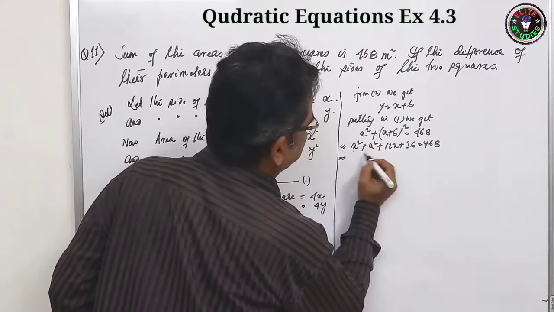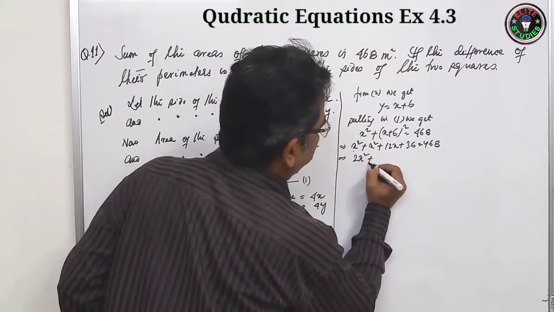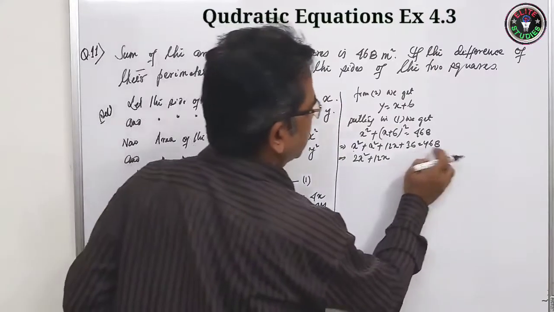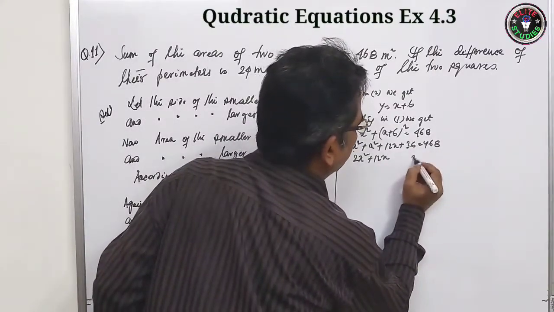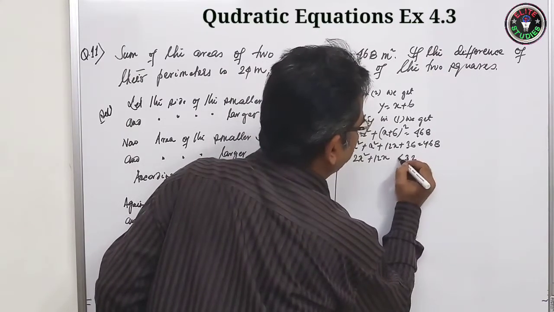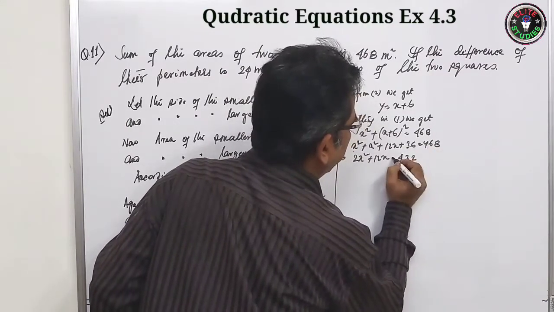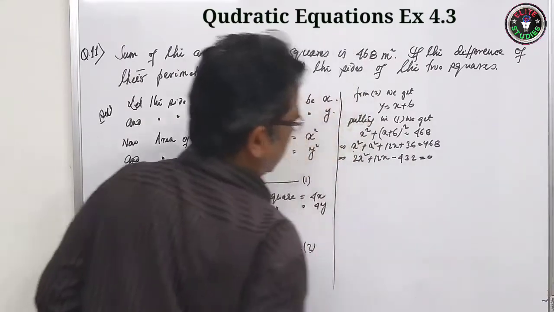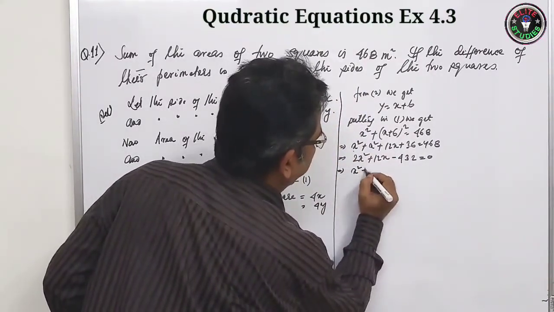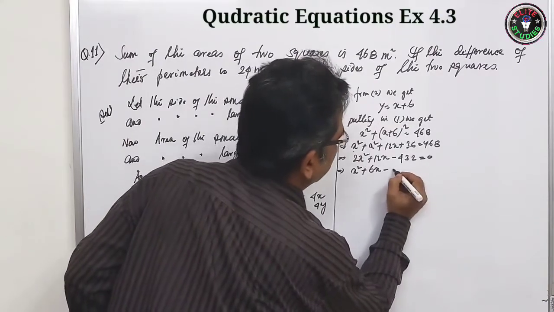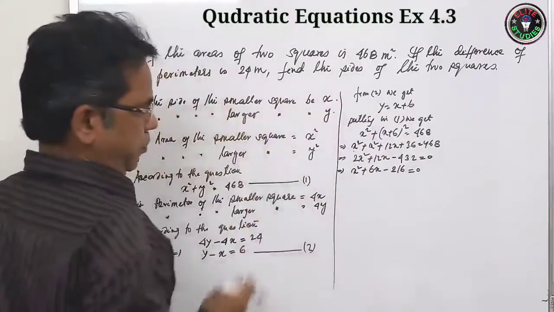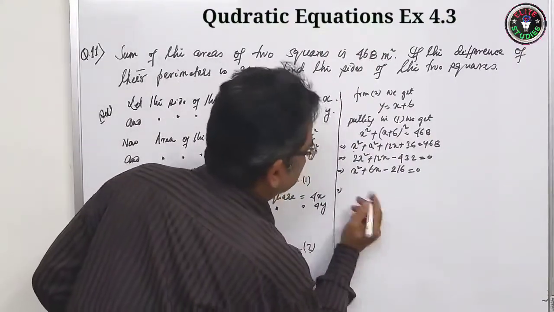So this will give you 2x square plus 12x minus 432 is equal to 0. Dividing both sides by 2, we will get x square plus 6x minus 216 is equal to 0. So let us use the formula.